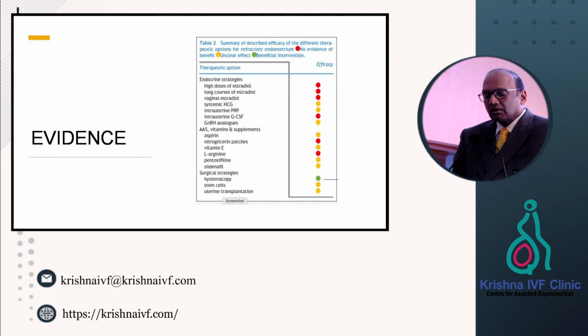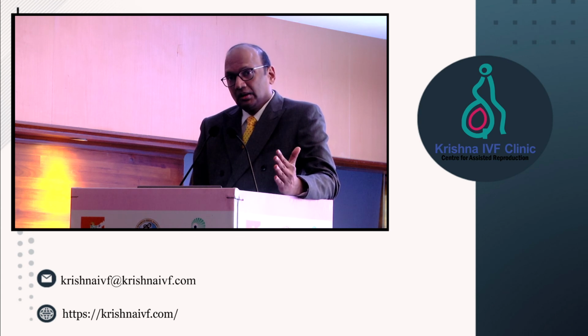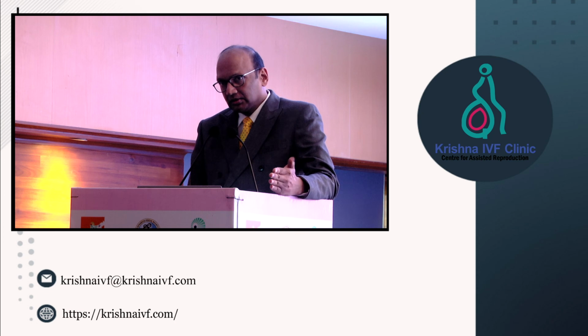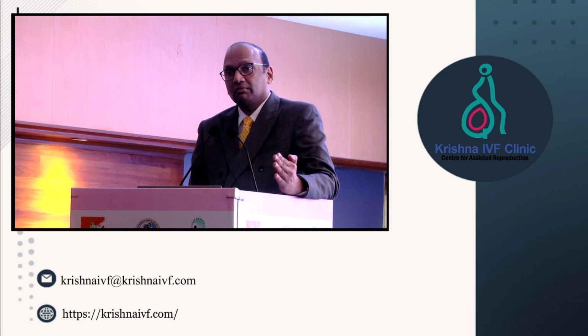But only time will tell. The other area of improvement that is coming in is the role of stem cells in the area of the thinner endometrium. The final word has not been said, but it's not PRP. They are looking at transformed stem cells into endometrioid cells which they are transferring, but it's not PRP.